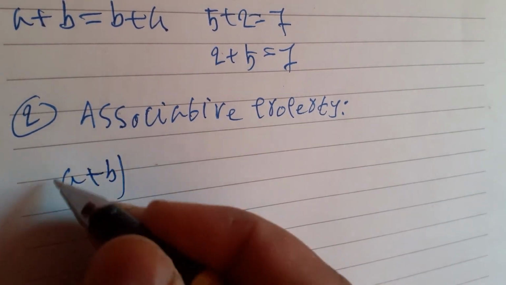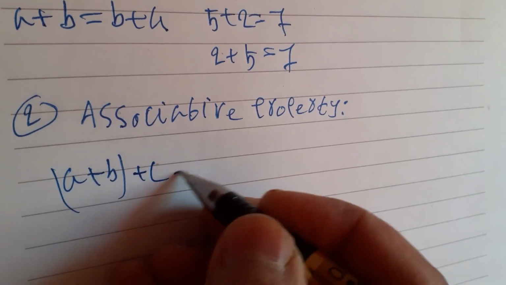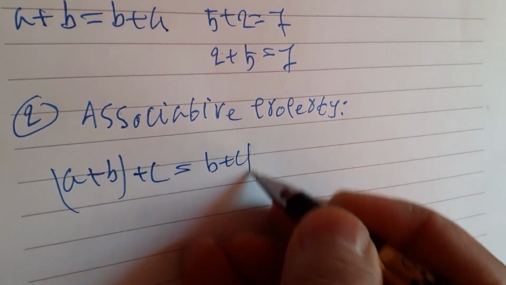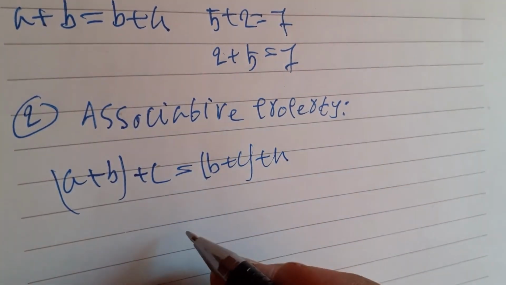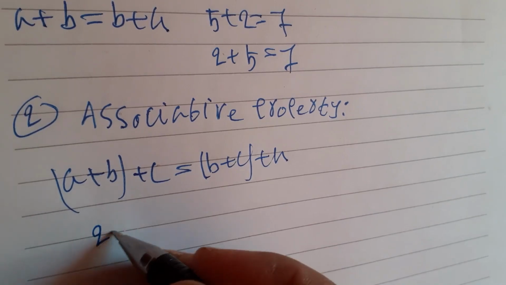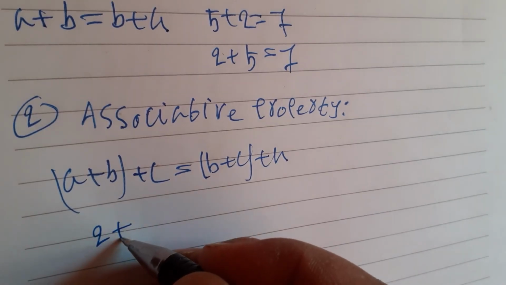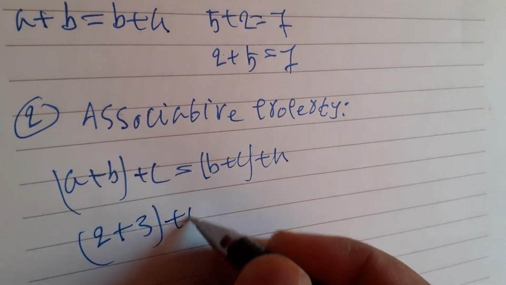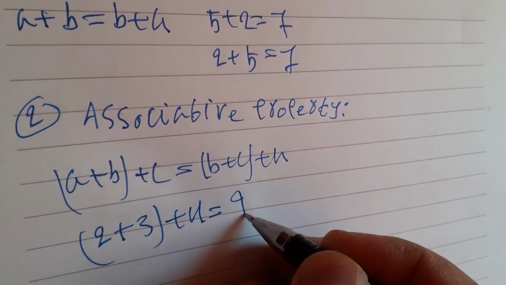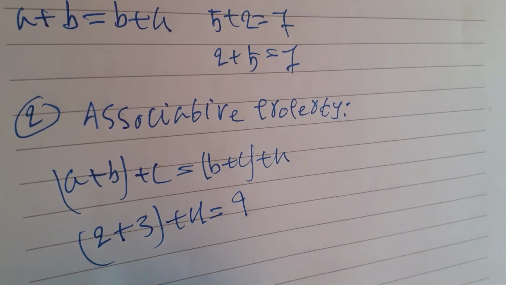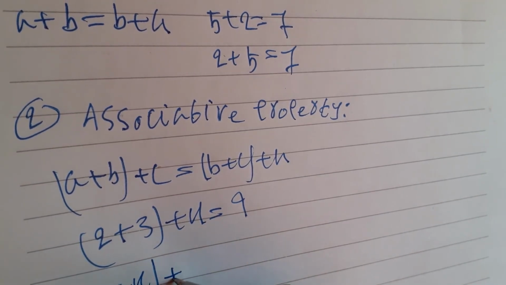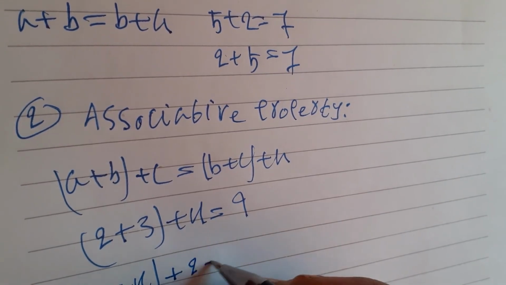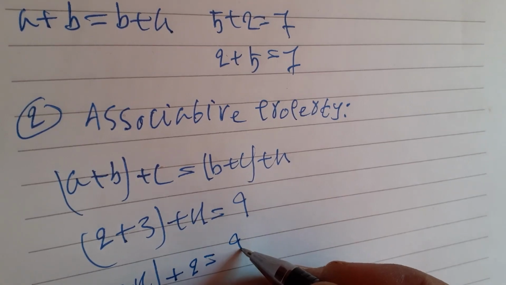A plus B, then plus C, equals B plus C, then plus A. For example, 2 plus 3, then plus 4, equals 9, and 3 plus 4, then plus 2, equals 9.